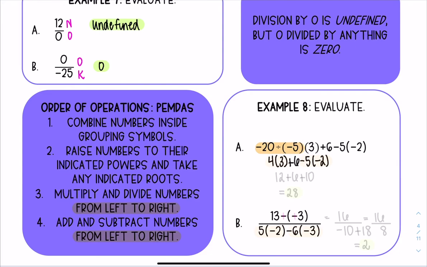And we just keep going. Then we've got 4 times 3 that we can do, and negative 5 times negative 2. So 4 times 3 gives me 12, plus 6, and negative 5 times negative 2 gives me positive 10. And then we just want to add all three numbers together. We got 12 plus 6 plus 10, which is going to give me 28.